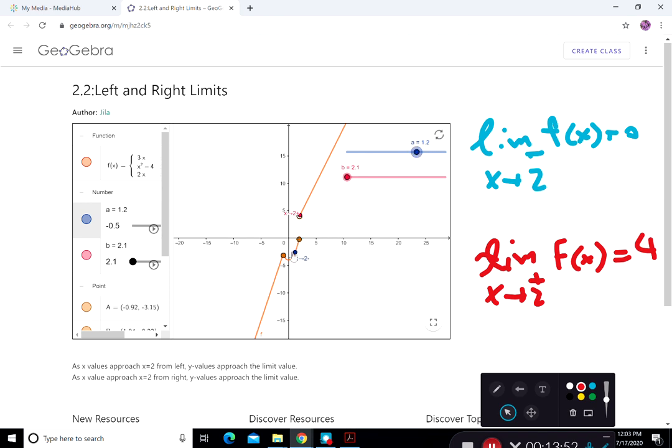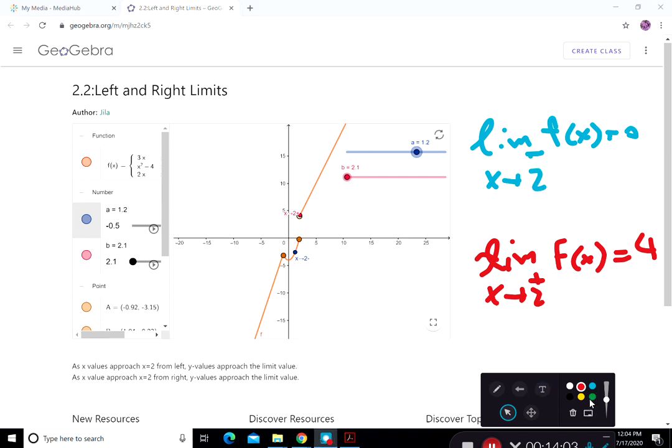And incidentally, in this case, that prediction matches the value of the function at 2. The function at 2 is equal to 0. See, at 2 this point is part of the function right there and is equal to 0. And how about the right limit?